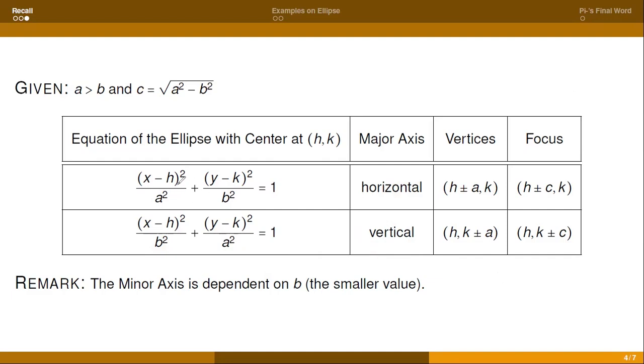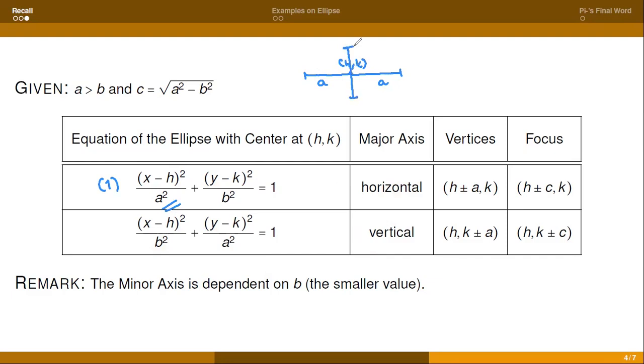So for instance, this is the first case. To illustrate it, see this one is (h, k), the center. Then a out here represents its distance along the horizontal line. It tells us that this distance must be a and this distance must be a as well. Since a here is the larger, for the vertical part, we know that it must be smaller.